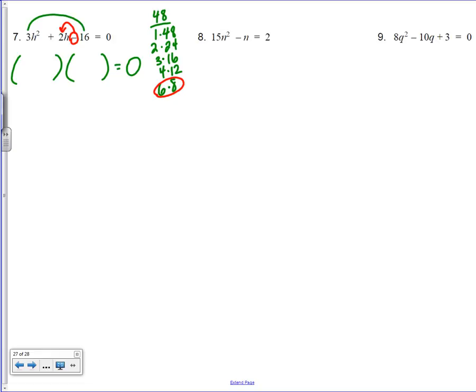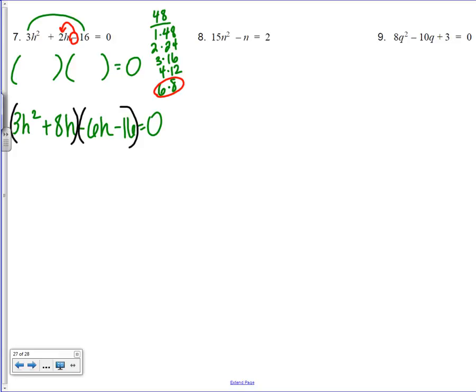I'm going to keep my 3h squared, and now I'm going to put in these factors over here that I found. Remember, because we were subtracting, the bigger one has to be positive. So my bigger one here is 8, so I need to have a positive 8h, and then the smaller one will be negative, negative 6h. And I drop down my minus 16 from my original problem. And now, folks, this is a 4-term polynomial, so I'm going to need to group these.